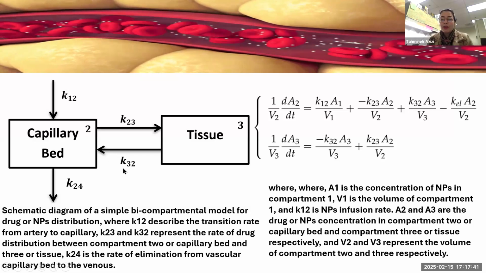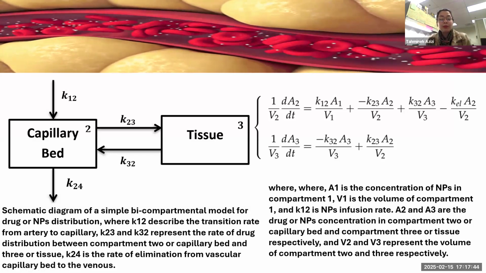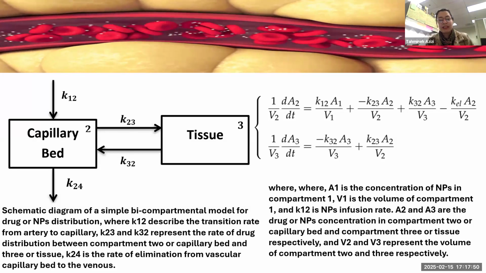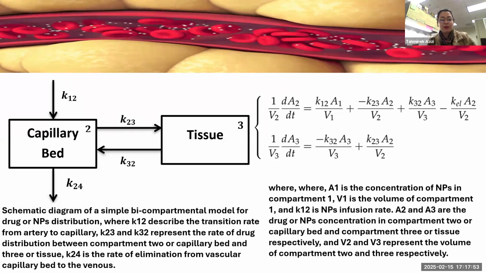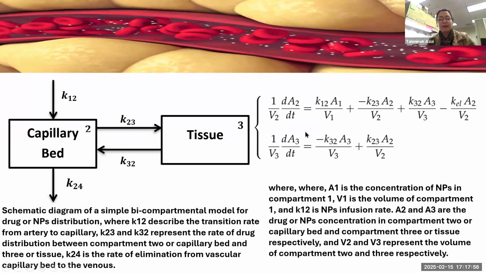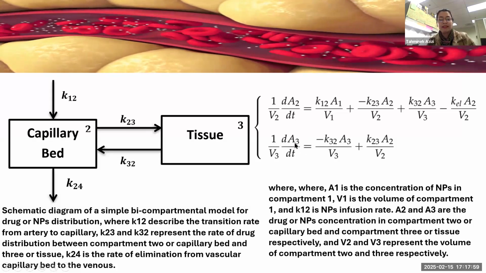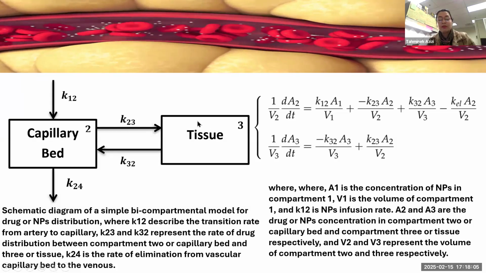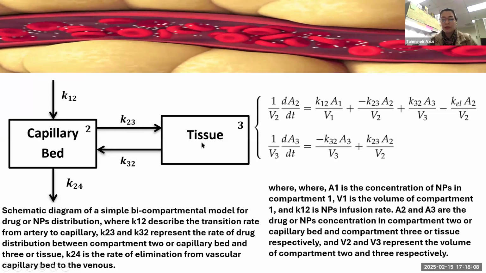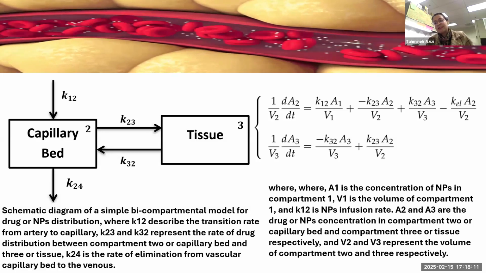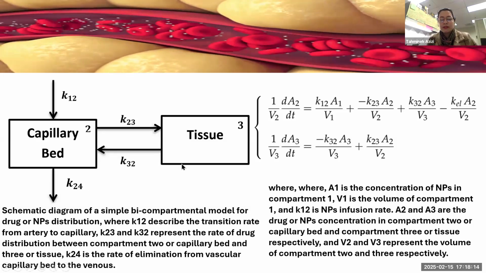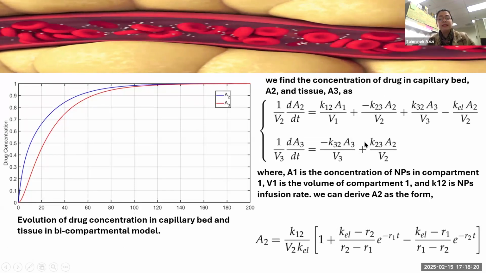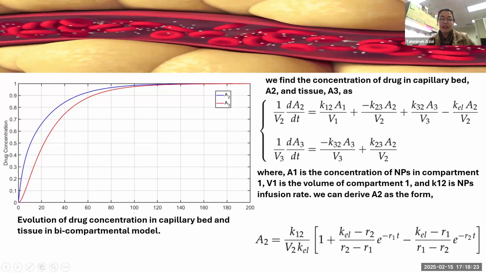And again, we do all of the steps: we approximate this fractional order system using a Grünwald-Letnikov approximation, and then discretize it to find this new system that we have in this slide, to find the mass of drug in different compartments, which can be the capillary bed and then, for example, the tissue. So this model is actually tested with experimental data. Here we just have this integer model, but in fractional.